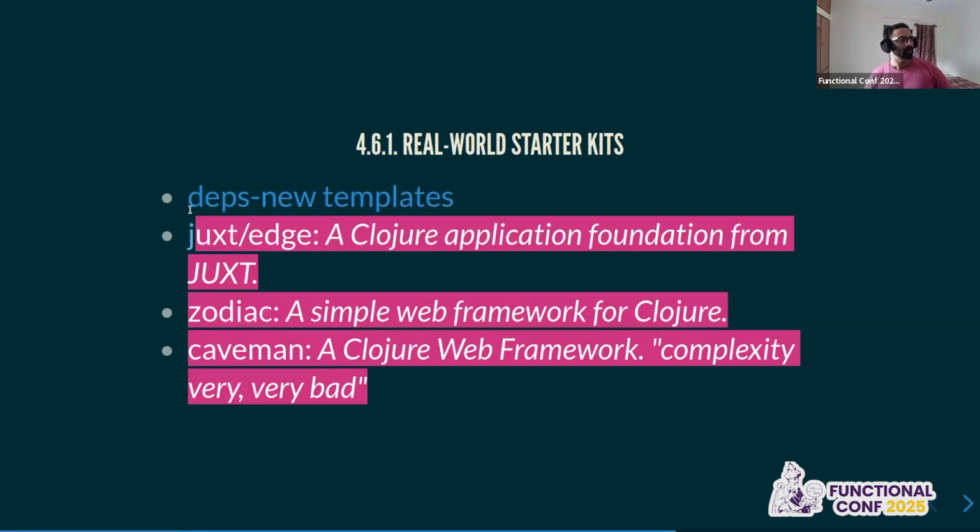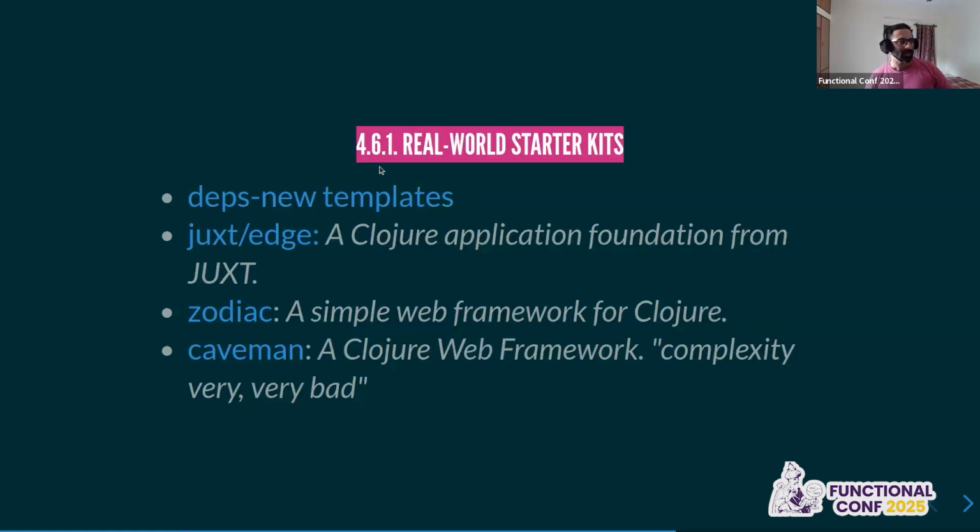I don't believe the Clojure ecosystem needs frameworks per se, but we need really good explanations. And explanations also come in the form of frameworks, because Zodiac and Caveman are step-by-step guides for you to start composing your web applications from scratch.